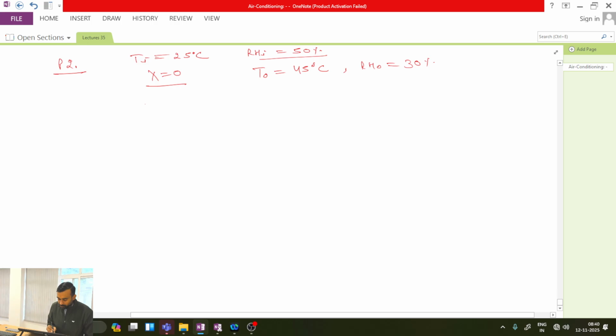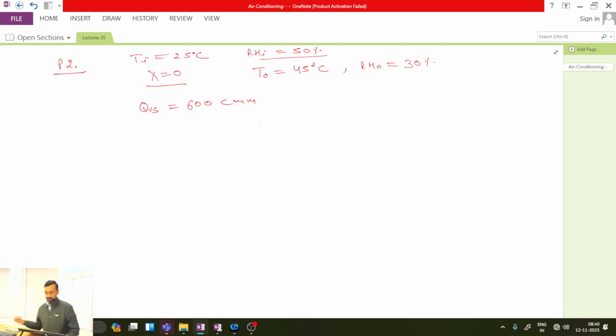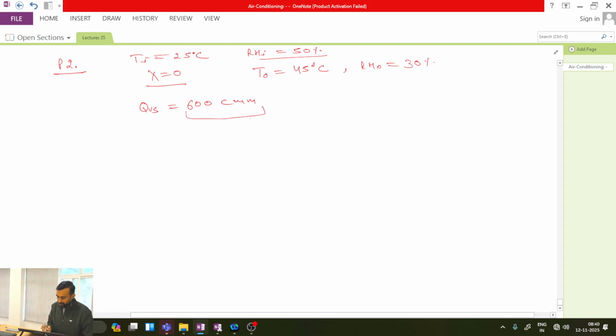So QVS is equal to 600 cmm, and 80% of this is recirculated. Out of the air taken from the room, only 80% is recirculated. So the recirculated air QVR is equal to 0.8 times QVS.